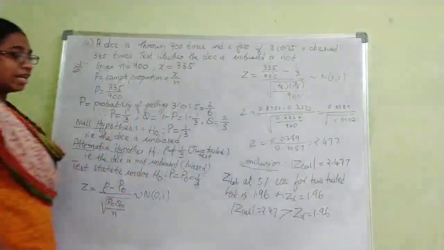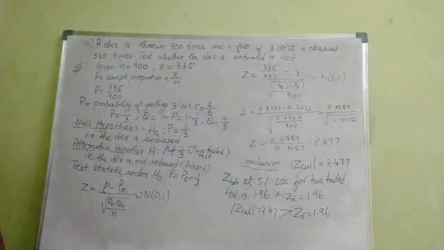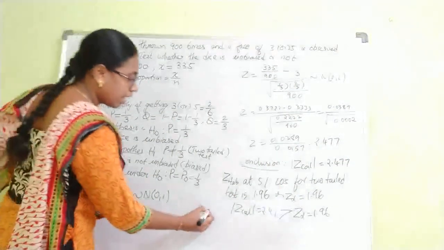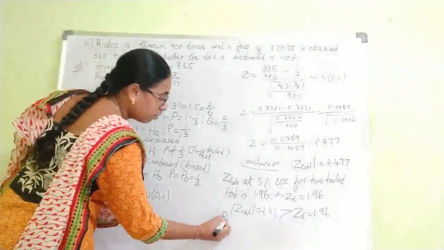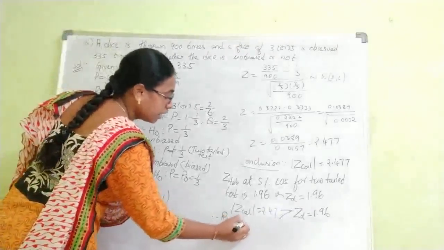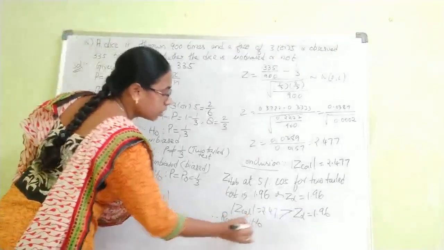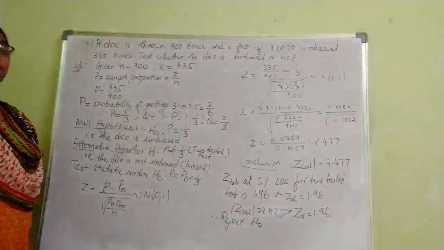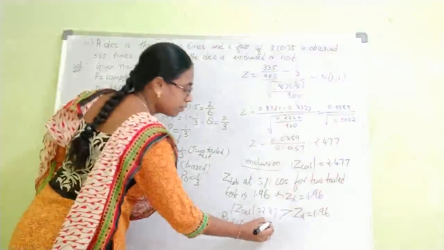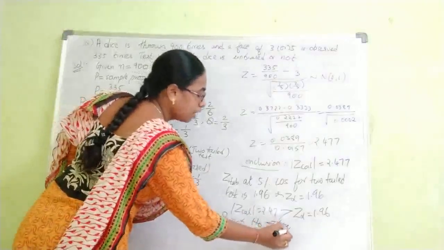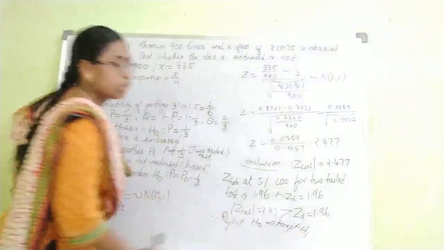Always when calculated is greater than table value, we reject the null hypothesis. Therefore, reject the null hypothesis, which implies we have to accept the alternative hypothesis H1.